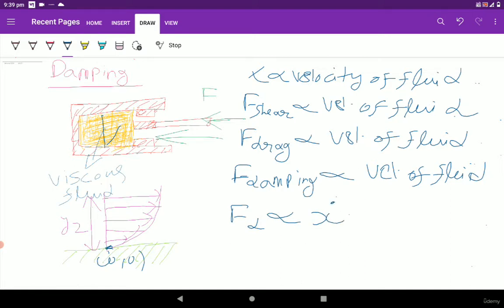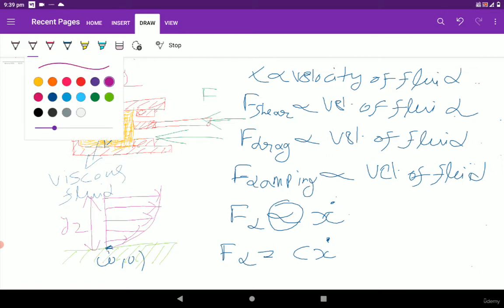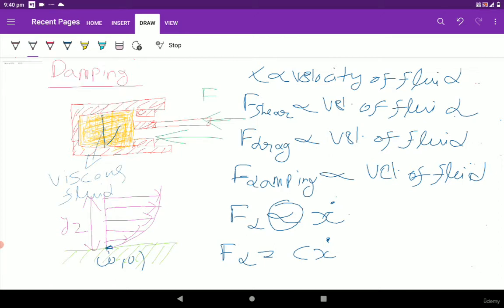After removing the proportionality term, we get damping force equal to C x dot, where C is the damping coefficient.